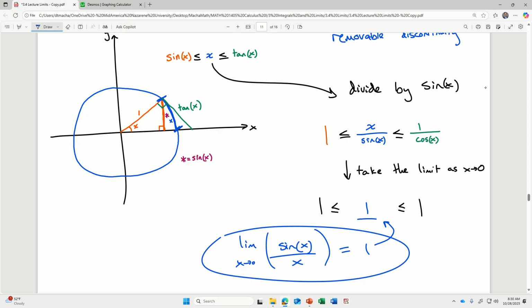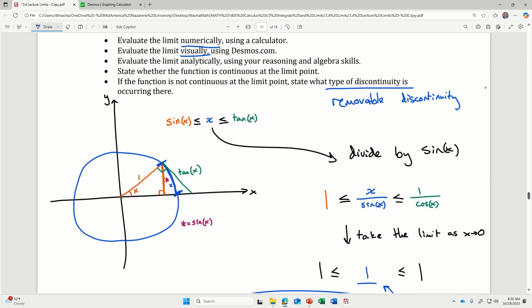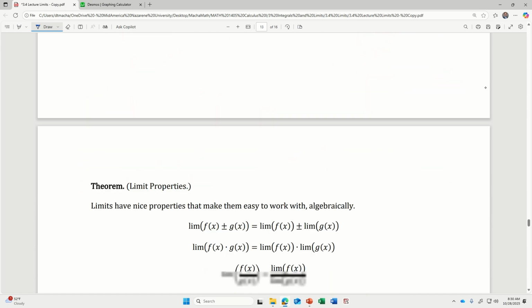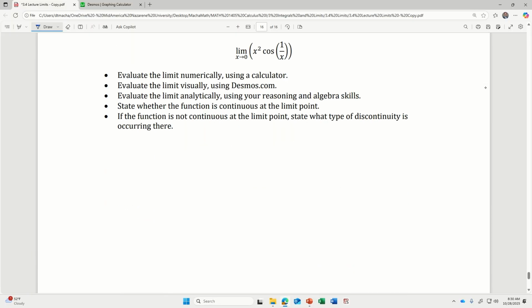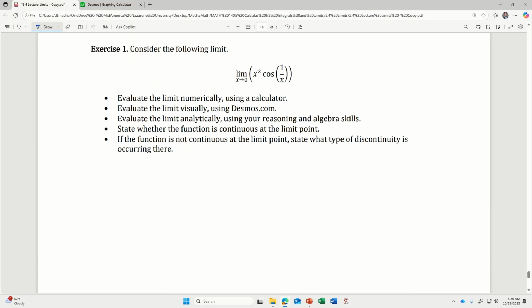That's the only way we were able to take this limit. Okay, so that's one example of using the squeeze theorem. I'll show you one more example real quick. And this will be the last thing in section 3.4.